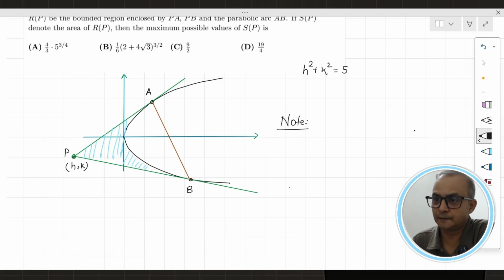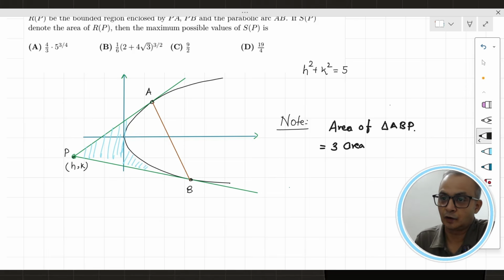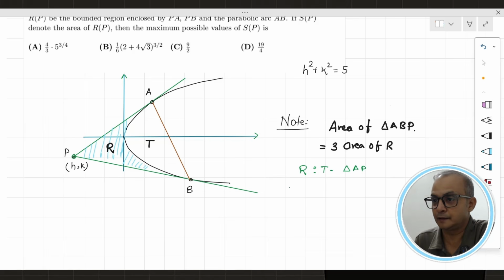So the note is that the area of the triangle ABP is thrice the area of, let's say this area is R, and let's call this other area T. So the areas R to T to the total triangle APB are in the ratio 1:2:3.